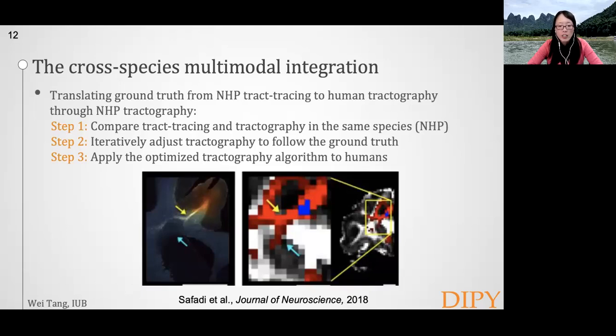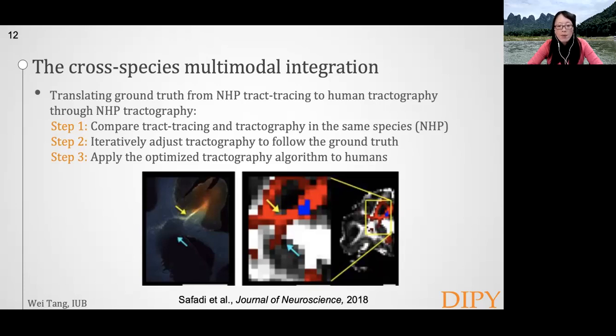Thus, under the assumption of homology, we've already gained a lot of insights from decades of tract tracing studies. But the question is, can we do better than that? Is there a way to quantitatively and systematically translate the ground truth into humans? The answer is yes, and the promising approach is to use non-human primate imaging as a translational step.